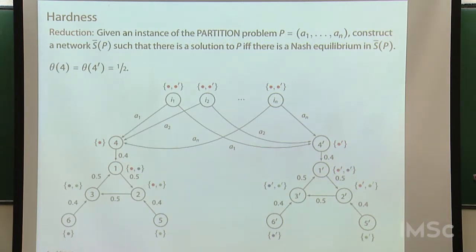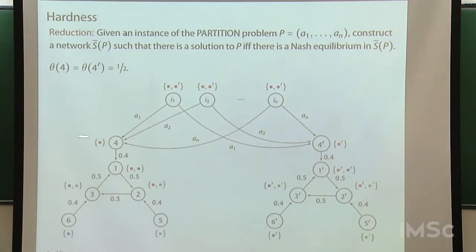So now you should be able to guess what is going to happen. If there is a solution for the partition problem, what does it mean? There is a subset of indices which adds up to half. All the nodes which are in that set, you fix the product red. All the nodes which are not in that set, you fix red prime. These weights will add up to half here, and the weights here will add up to half.